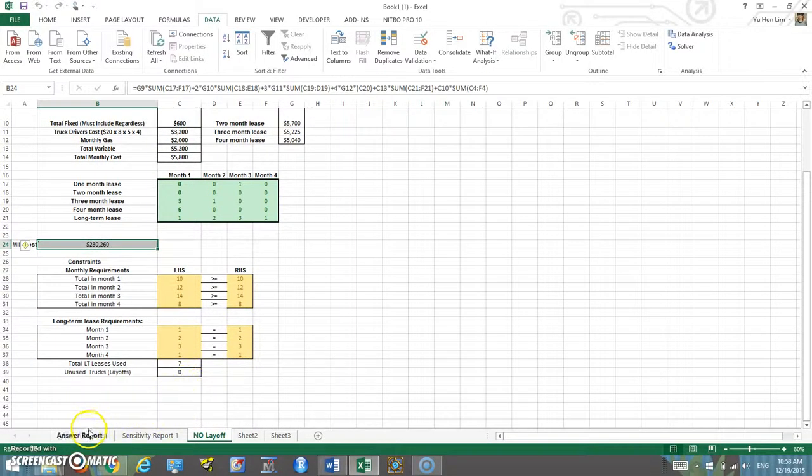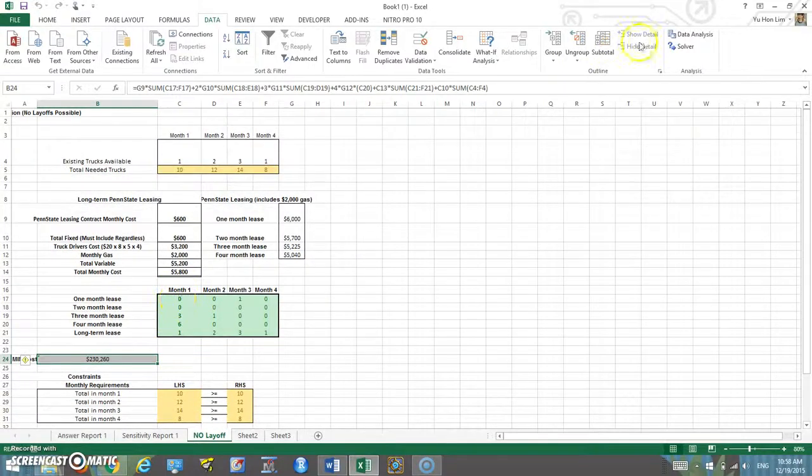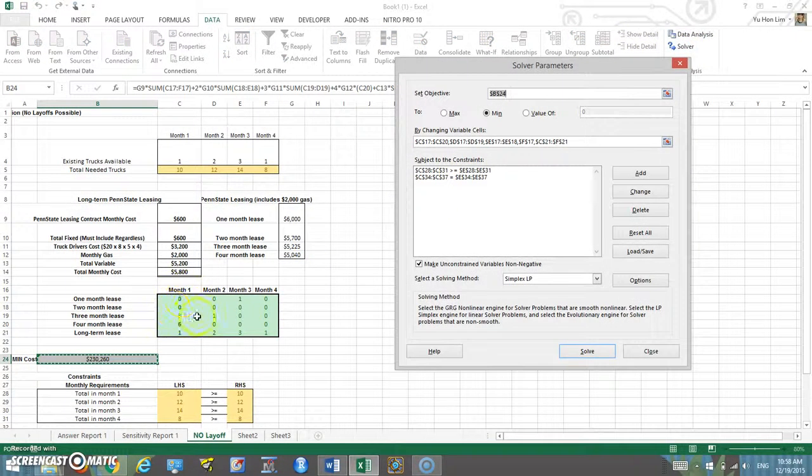One thing particularly interesting about this problem is that those are linear relationships, so we have to separate every month. But if we put a comma here, we don't have to do month 1, month 2, month 3, month 4 separately.